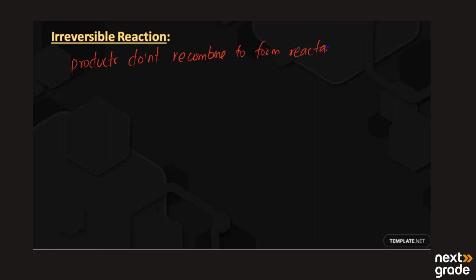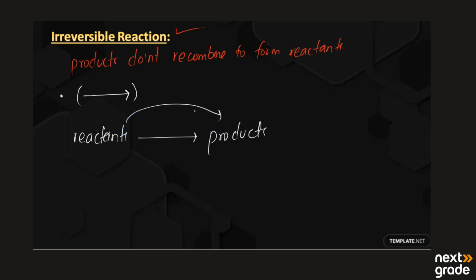This process is always shown with a single arrow from reactants towards products. In this process only the reactants change into the products. This can take place, but if we go from products to reactants, the process cannot take place. That's why it is known as an irreversible process.